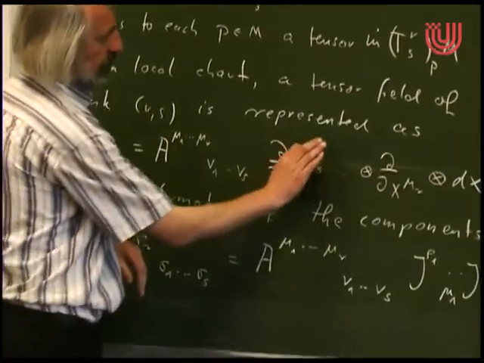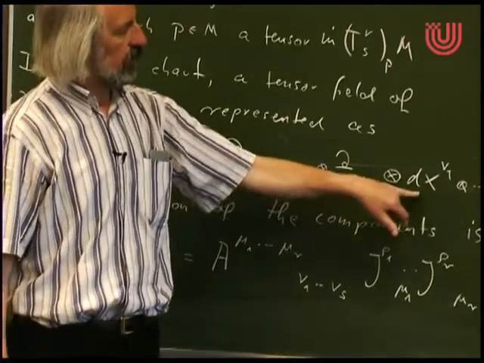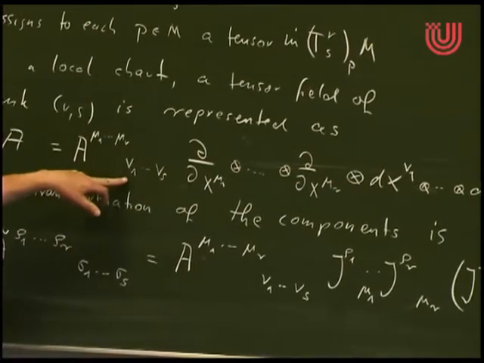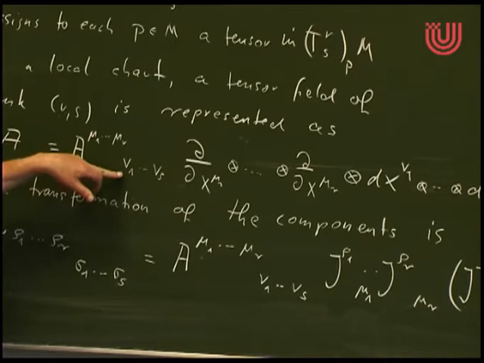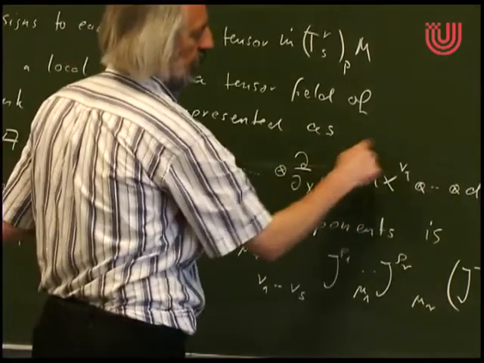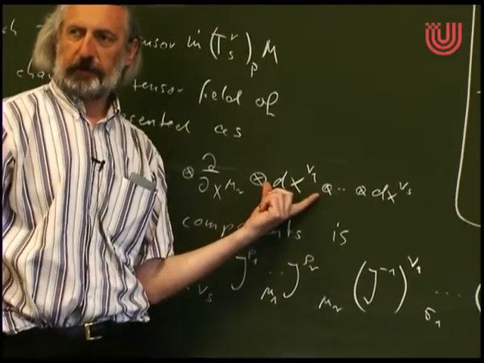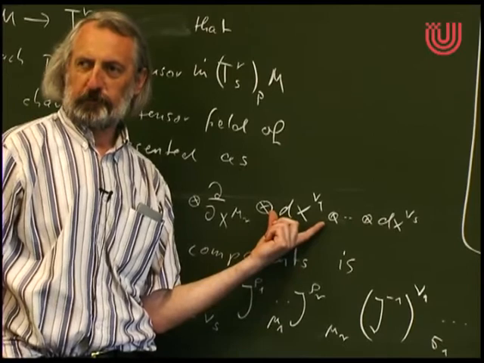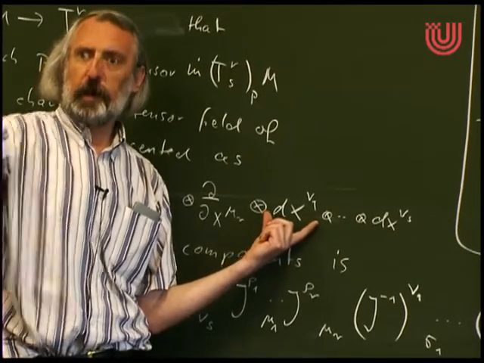So let's assume we have only one of these dx terms here. So my A would have one lower index. What does it mean? On what things does this operate? Let's consider the case where I have only one lower index. Then I have here only one of these terms. And what eats this object? Does it eat vectors or covectors? It eats vectors, right? So it eats things with an upper index.